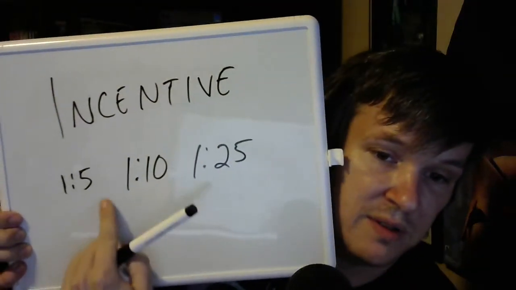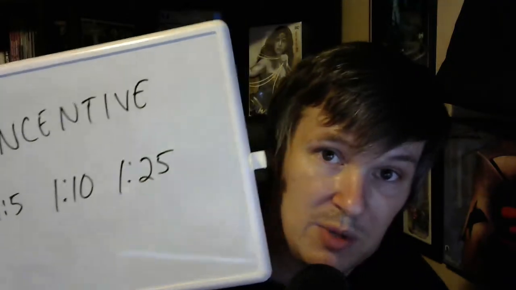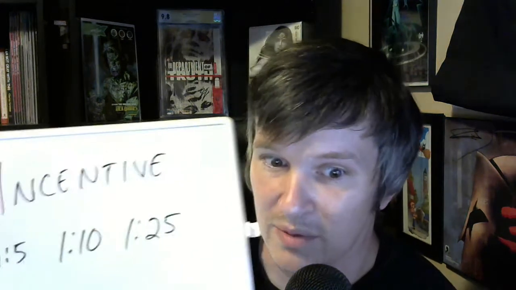So what they'll do is, let's say you have a 1 in 5 incentive. That means that your comic shop had to buy 5 copies of the regular cover to get this incentive cover. So it's going to be a different cover, but it's always going to be at least a little more valuable just because they're not your typical cover.